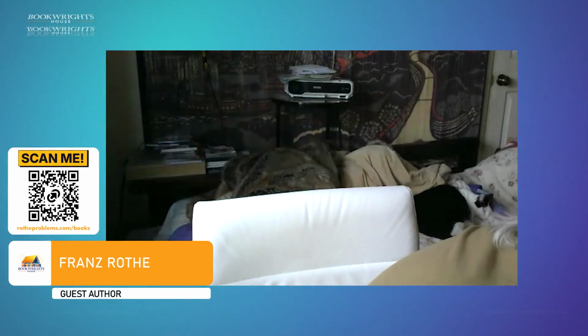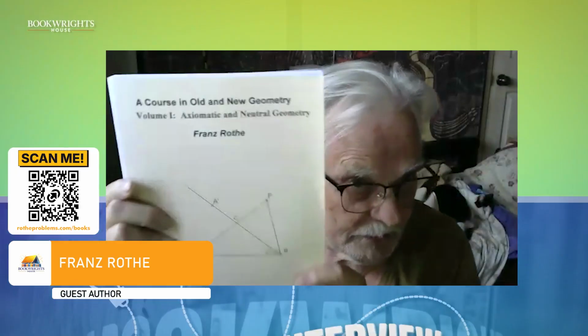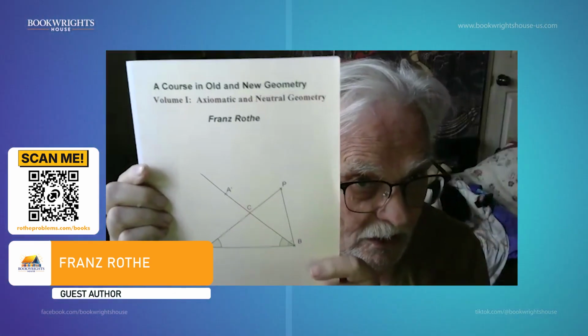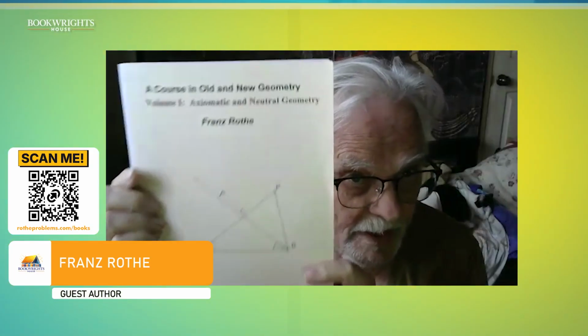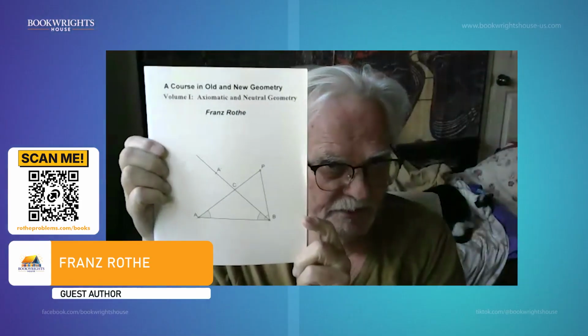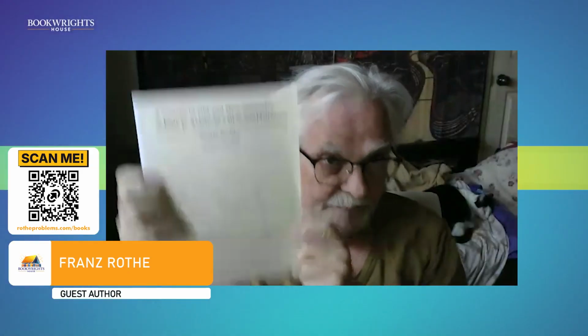That is the volume here, axiomatic and neutral geometry. But as you can see, there only very simple things happen here. For example, in this system, you already have the theorem that the base angles of an isosceles triangle are congruent.